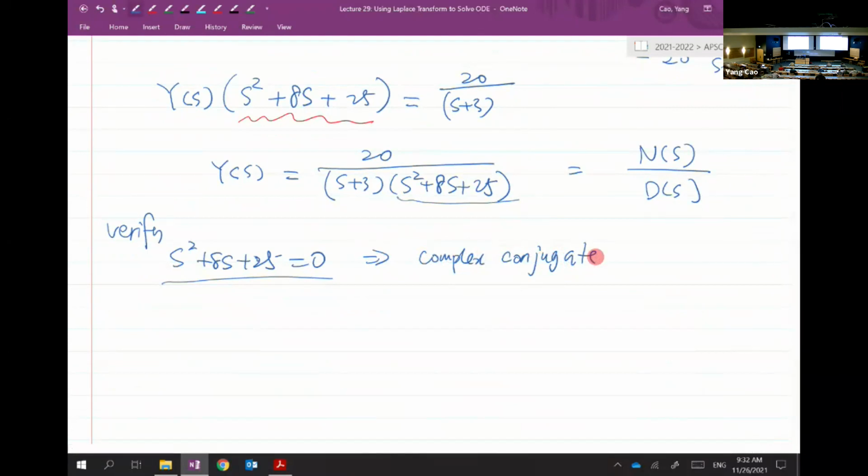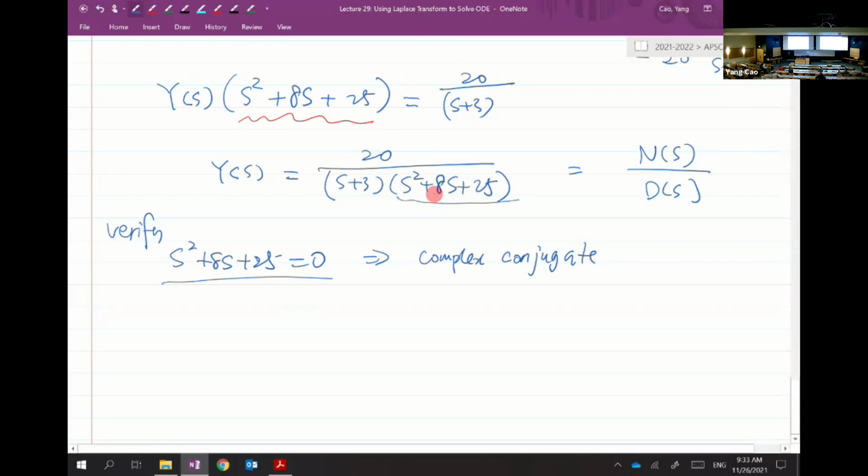Then unfortunately, it does not fall under the case number 1 that we have just illustrated. So in other words, you cannot write this s squared plus as plus 25 as a multiplication of two factors, right? Because the solution for each factor is a complex number, then you can't do that. Okay, so you have to leave it as it is.